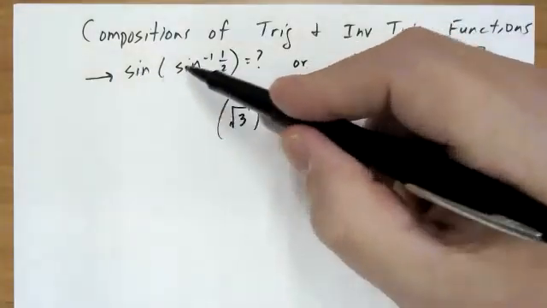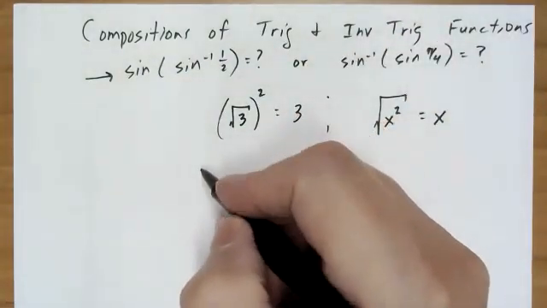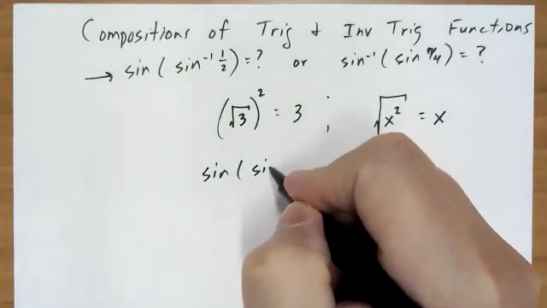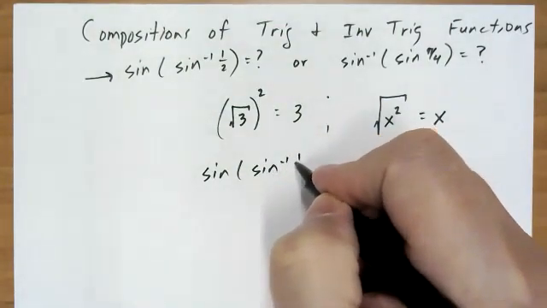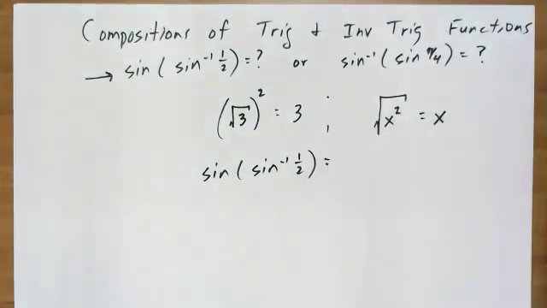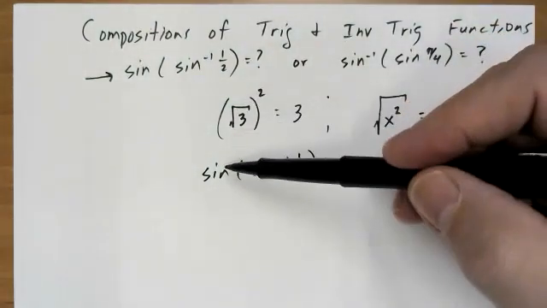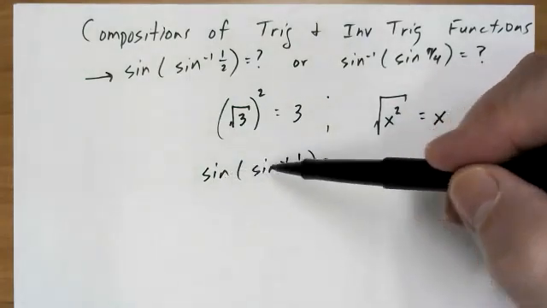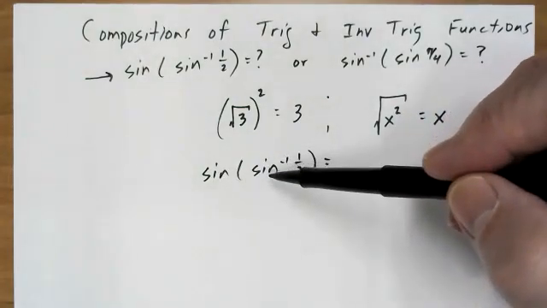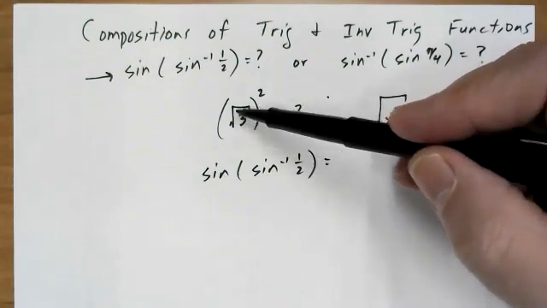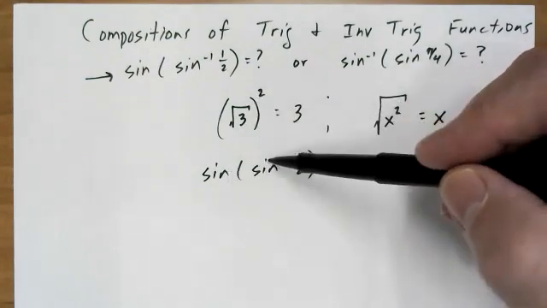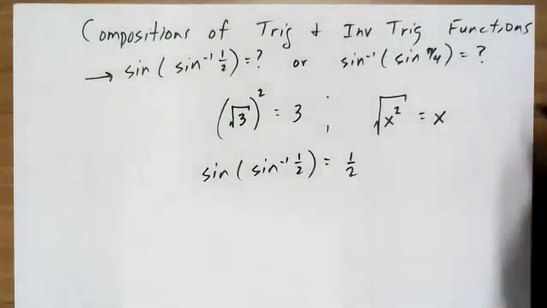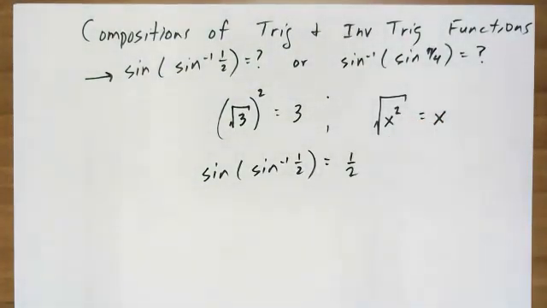So for this first one, you might look at this and think right away, I've got the sine of the inverse sine of 1/2, and since these are inverse functions, just like square root and squaring, you think, oh, well, these cancel out. So it should be 1/2.